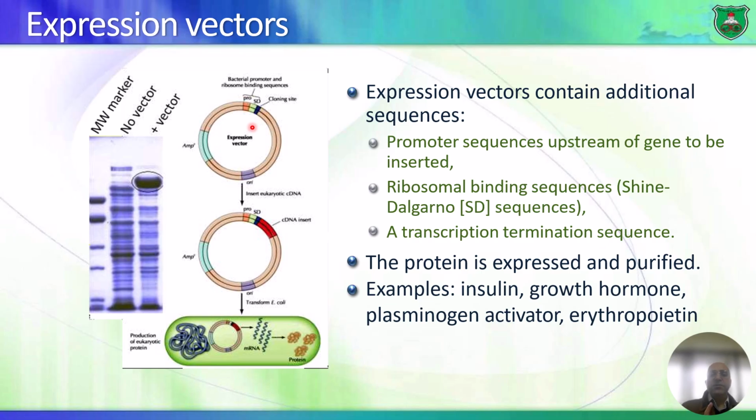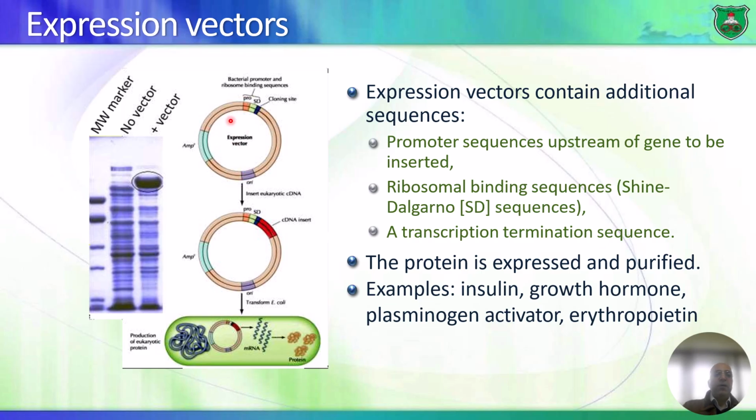Now remember, it doesn't have to be the same promoter as the original gene. Like for the human insulin gene, I don't have to use the insulin gene promoter to express the insulin gene inside bacteria. I can use bacterial promoters. Molecules are stupid. I can fool them.